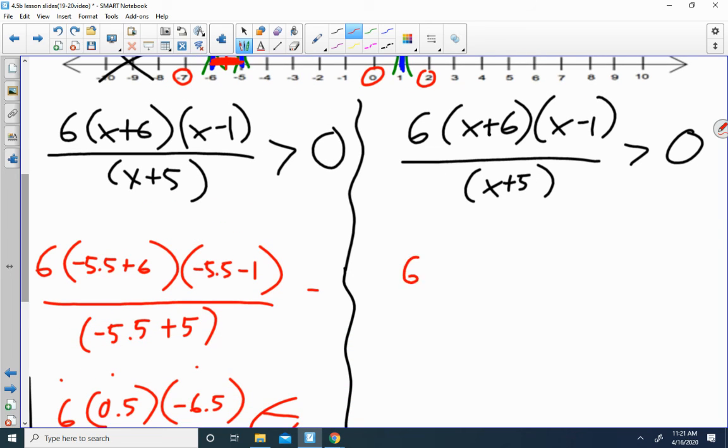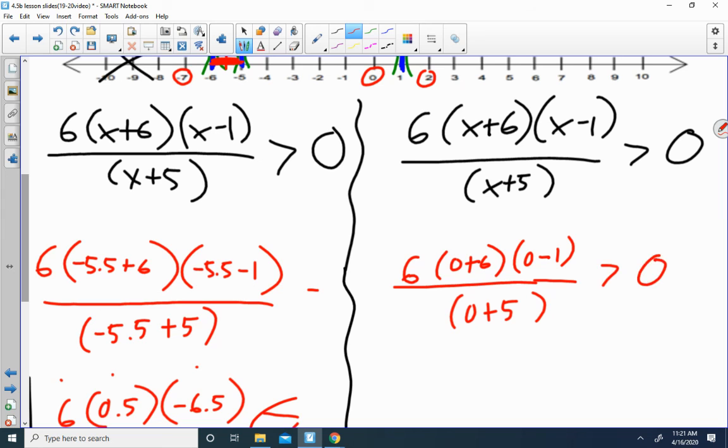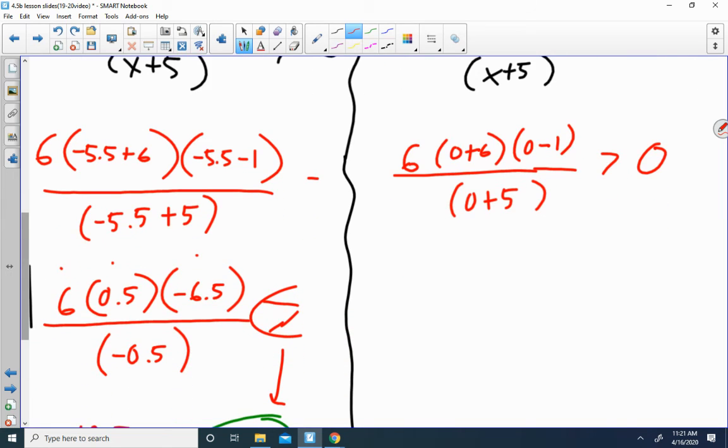All right, so on top, we got 6 times (0 plus 6) times (0 minus 1) all over (0 plus 5), all still greater than 0. So now we got 6 times 6 times negative 1 all over 5, still bigger than 0.